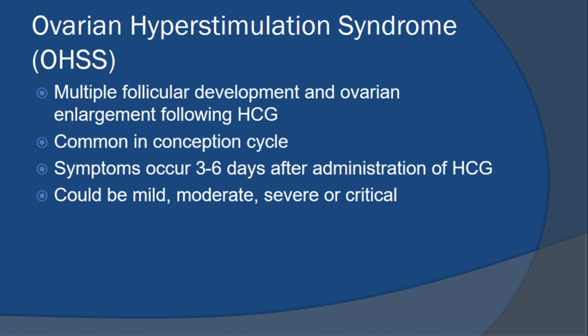And because you are aiming to develop so many follicles, there's a chance that you may end up with ovarian hyperstimulation syndrome. It is worse when the woman gets pregnant, because it thrives on the presence of human chorionic gonadotropin.